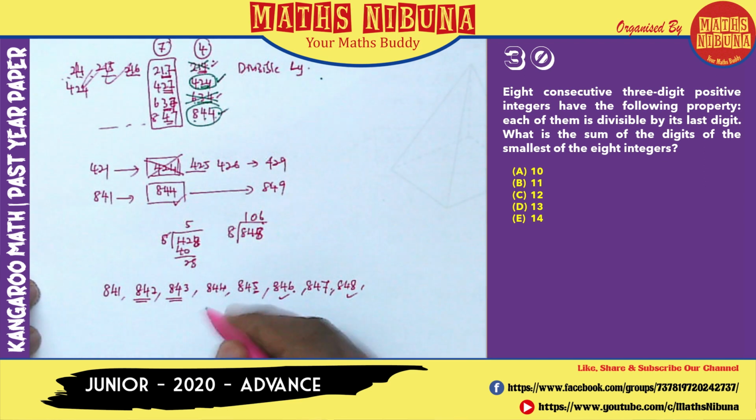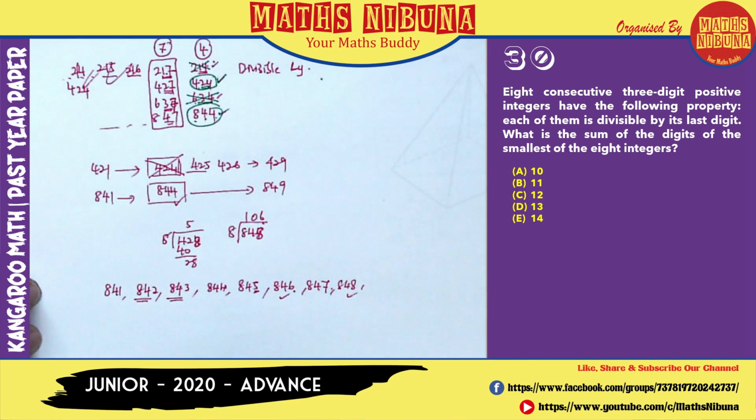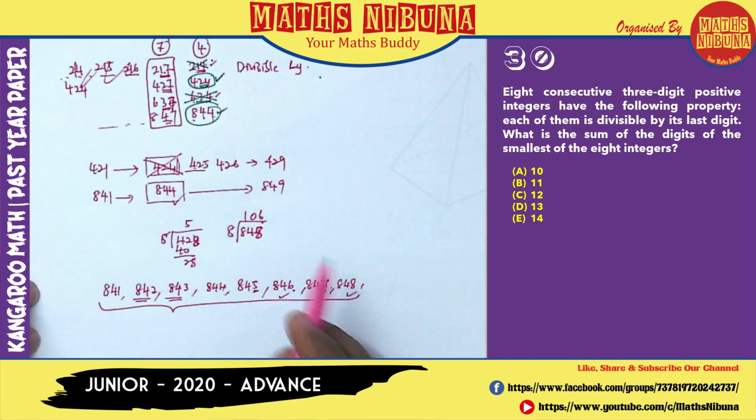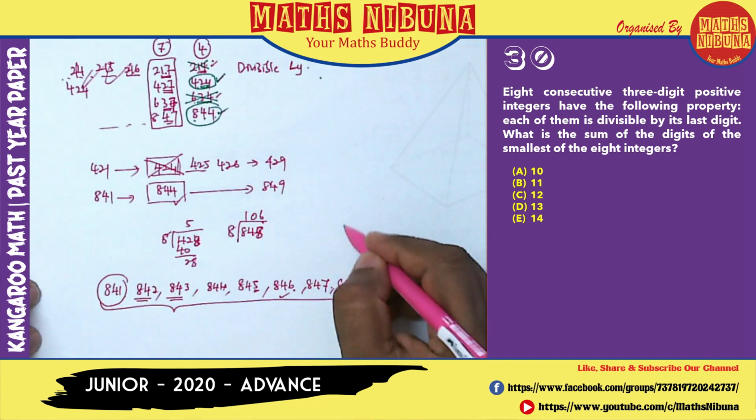And now we look at 8 because we only need 8 consecutive numbers. So this can be 8 consecutive numbers. We see whether 9 or not, because they want the sum of the digits of the smallest of the 8 integers. This is the smallest, but anyway we test for 9.